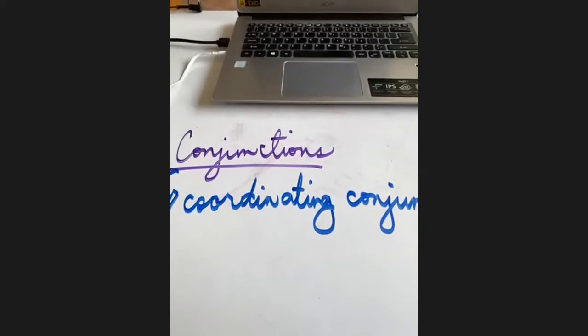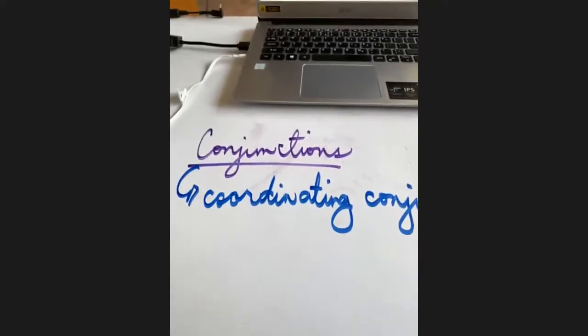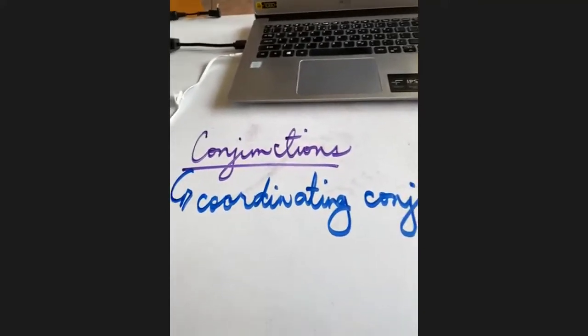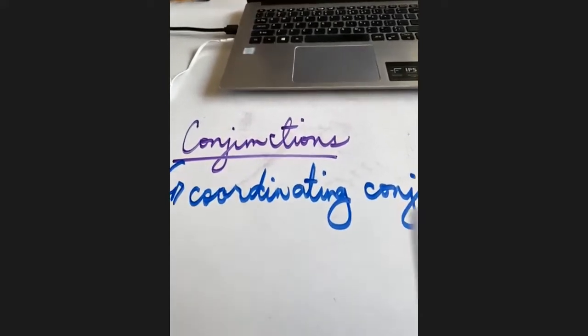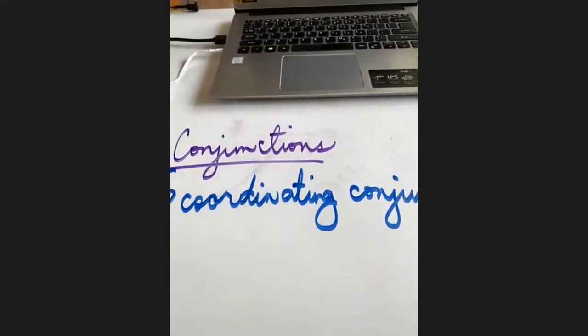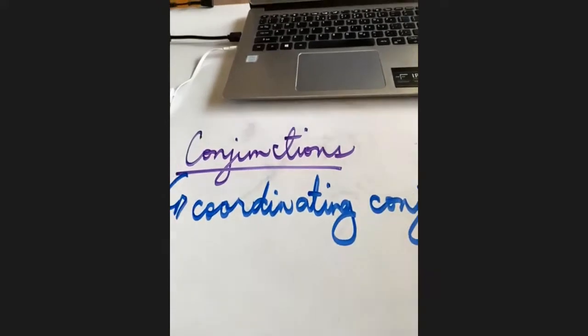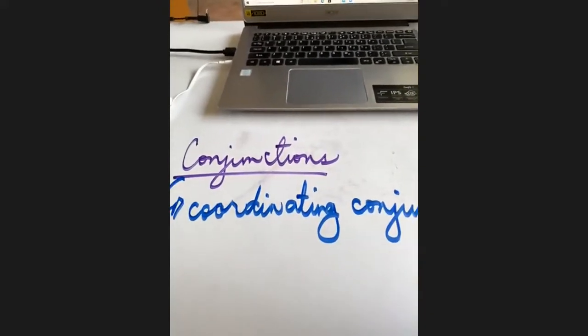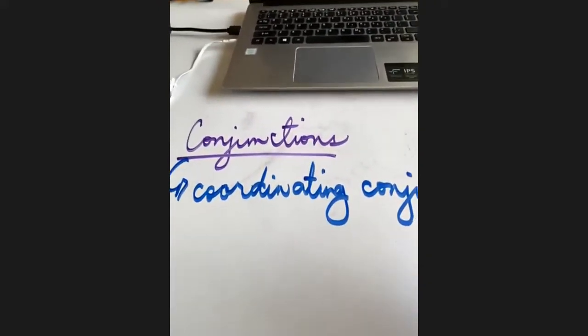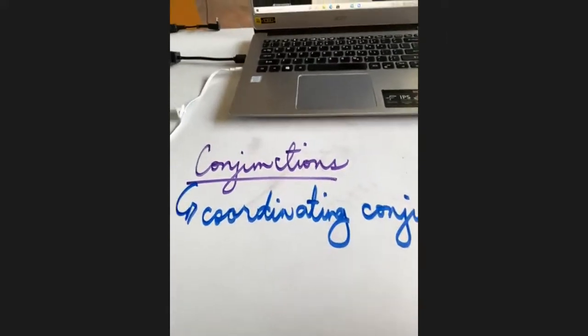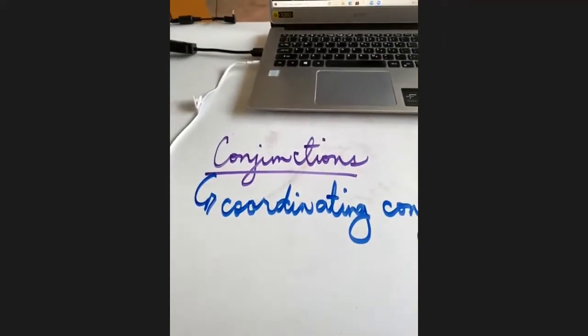Again, we do not use because in this lesson yet. One wrong notion that students get for the letter B in fanboys is that they think that it represents because. Unfortunately, it does not. The B in fanboys represents but and not because.